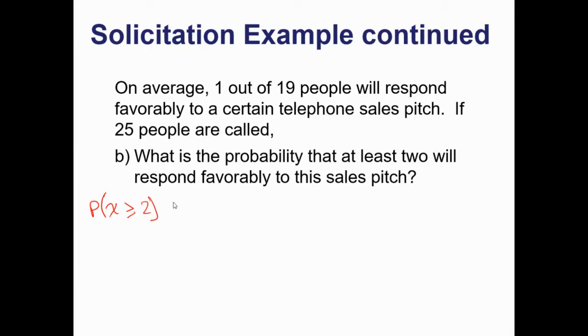Now, do y'all want to sit there and do 2 plus 3 plus 4 plus 5 all the way to 25? No. What could we do if we don't go that route? 1 minus the probability that x is less than 2. Take the opposite. Take the complement.